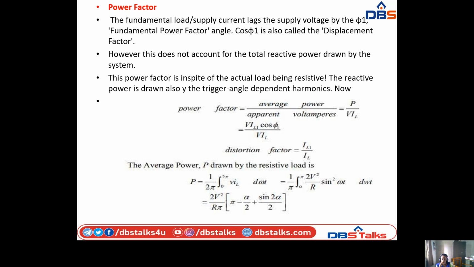Then you substitute the V value and I value, and you get 1 by pi integral of alpha to pi of 2 V square by R sin square omega t d omega t. Then you simplify, and you get average power equal to 2 V square by R into pi, times pi minus alpha by 2 plus sin 2 alpha by 2. So this is the average power.